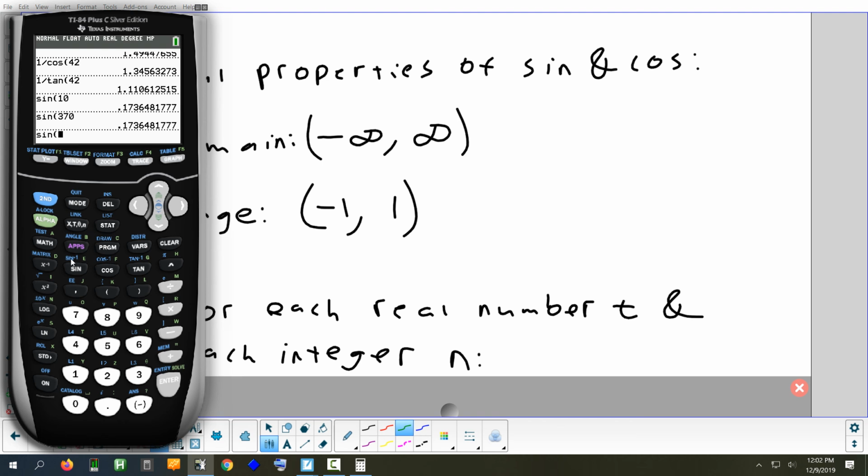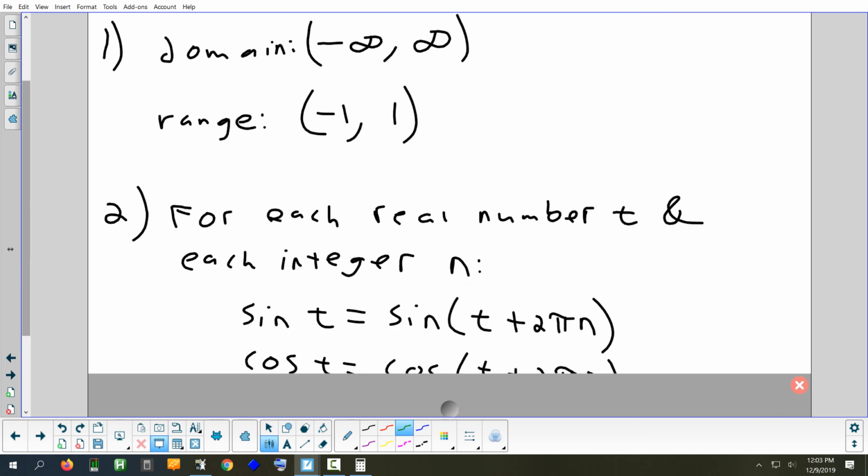If I add another 360, 370 plus another 360, you get the same thing again. What's 10 minus 360? Negative 350. What I'm trying to show you here is it doesn't matter how many times you add or subtract 360. You will get the same answer over and over and over.